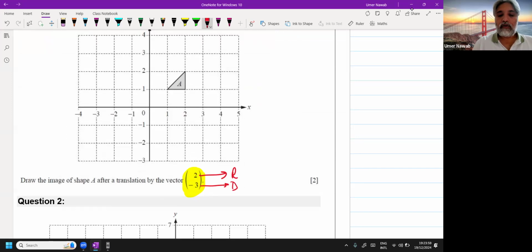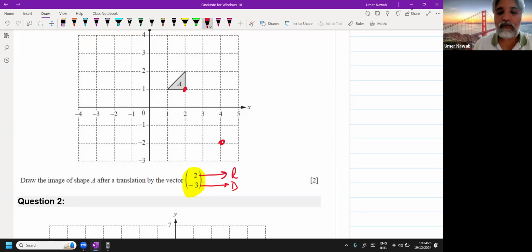Okay, so pick one point. Suppose I'm taking this point. I have to go 2 right, and then I have to go 3 units down. So 1, 2, and 3. This point came here. Can I copy the same figure?